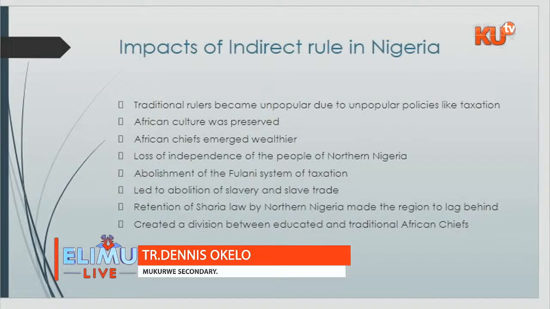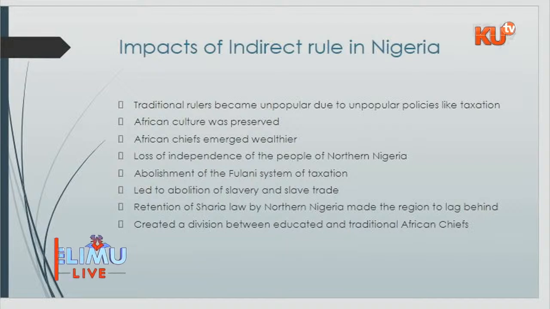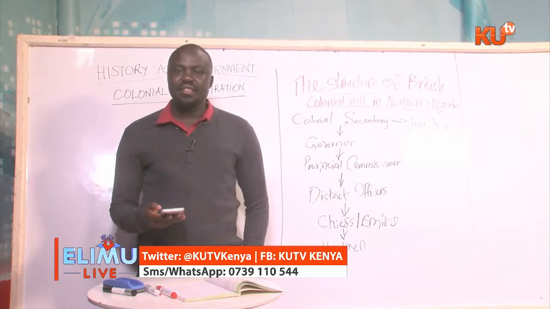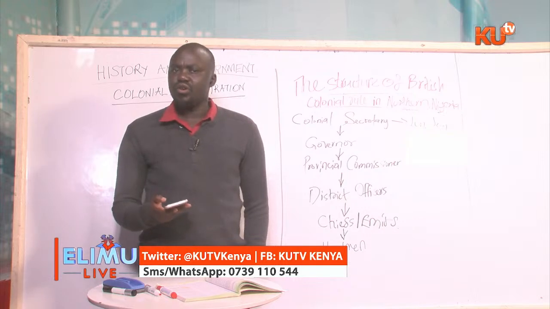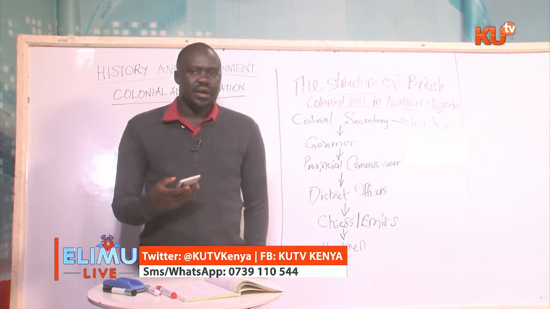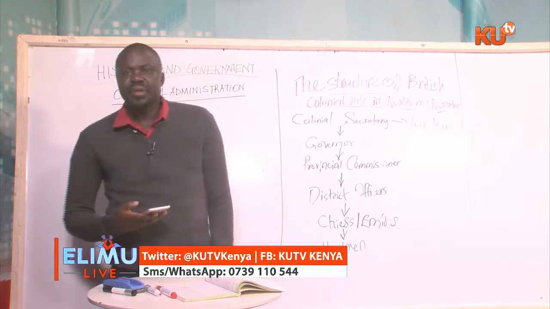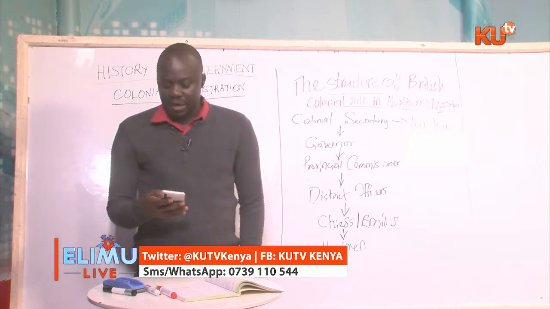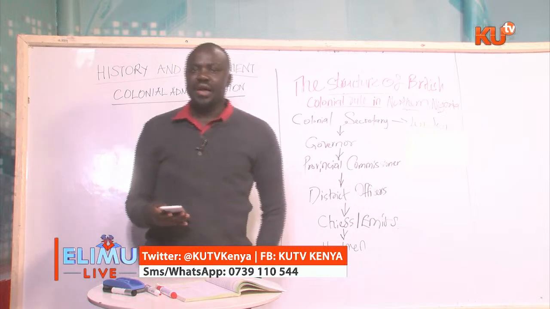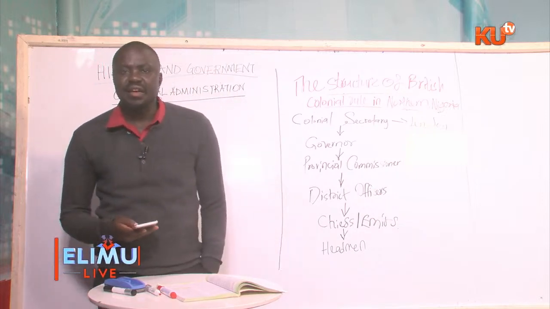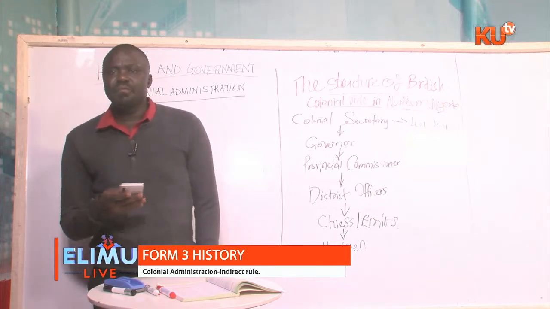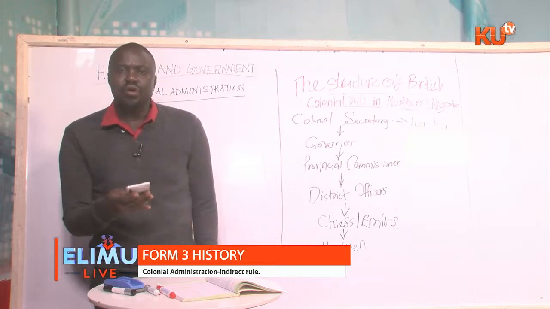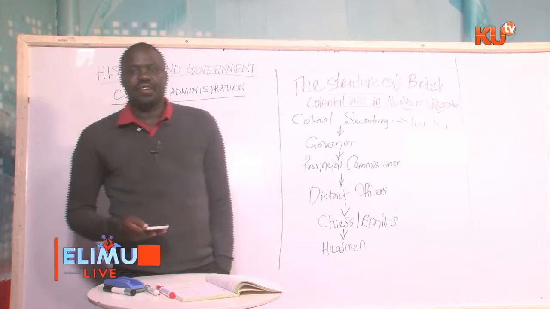Then again, the African chiefs emerged wealthier. Because these African chiefs had been charged with taxation, it was just a moral obligation for them to get some of the wealth for themselves. I told you earlier that the emirs could even structure how they would pay the headmen. They were only to remit a portion of the tax to the British administration units.